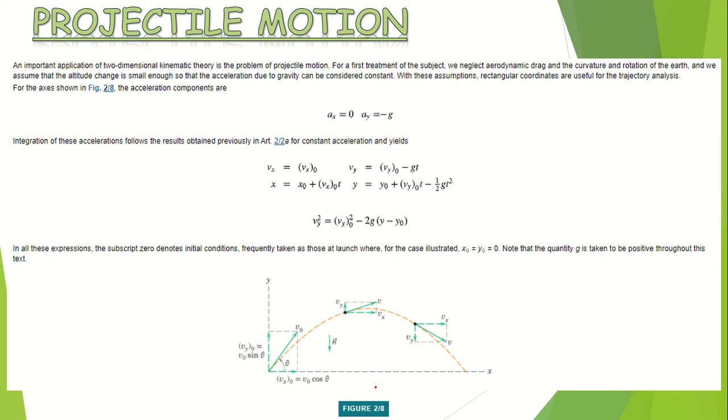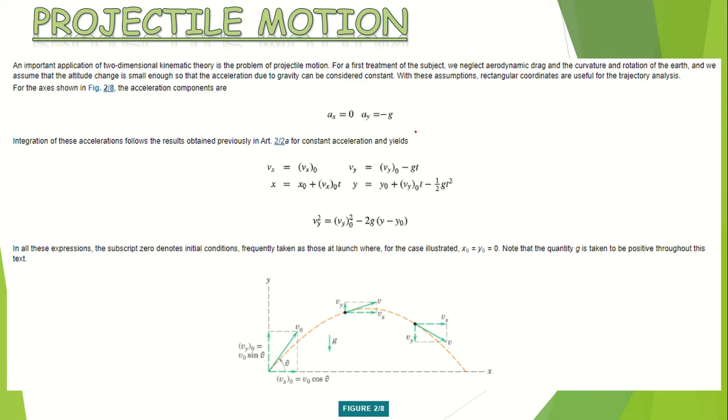In the first treatment of the subject, we neglect the aerodynamic drag and the curvature and rotation of the Earth, and we assume that the altitude change is small enough so that the acceleration due to gravity can be considered constant. We have to use these assumptions in order to solve some problems, class, that are not so sensitive to those factors mentioned above.